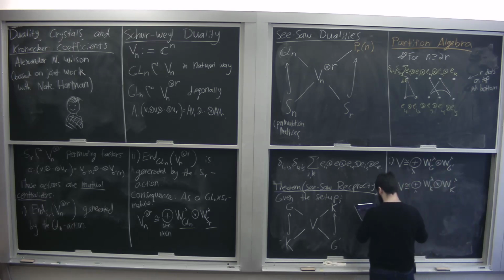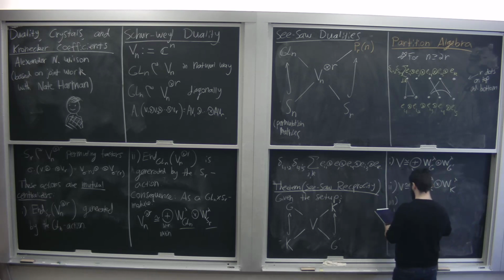And then finally, the really interesting one is that Hom_K, I'm going to write this in terms of a bunch of Homs, and then I'm going to actually tell you in words what's happening.